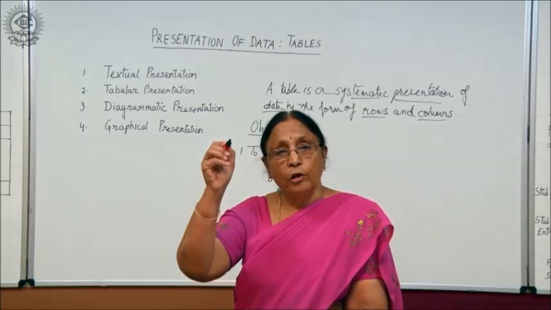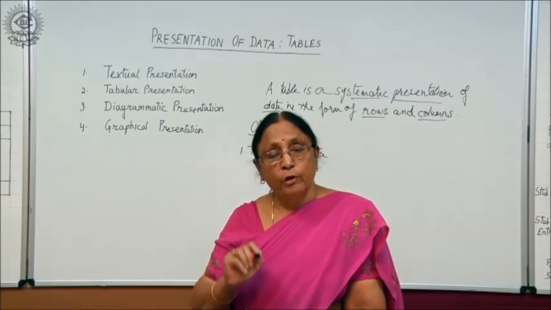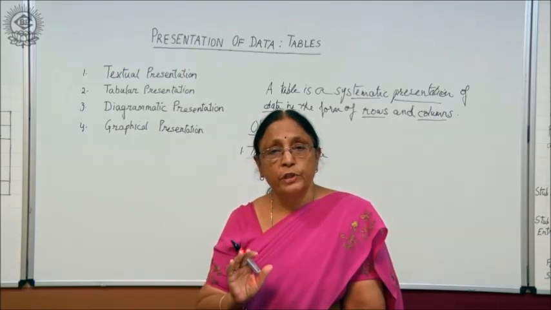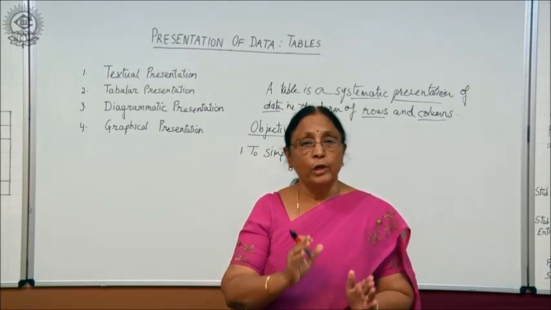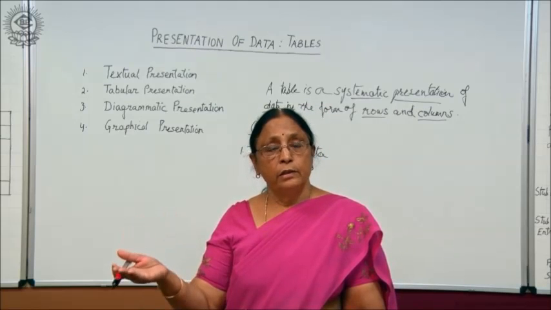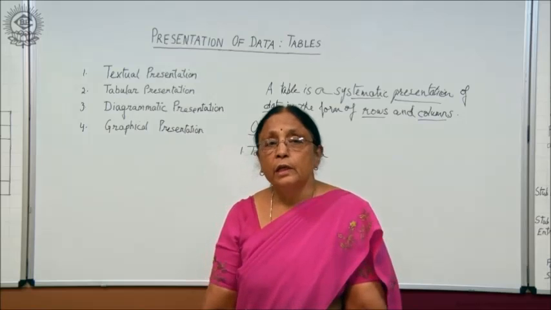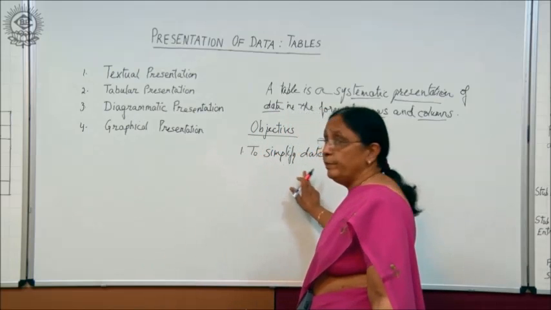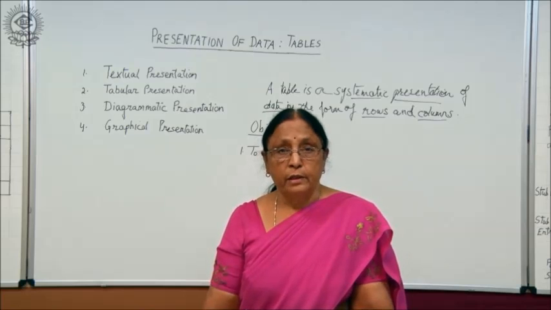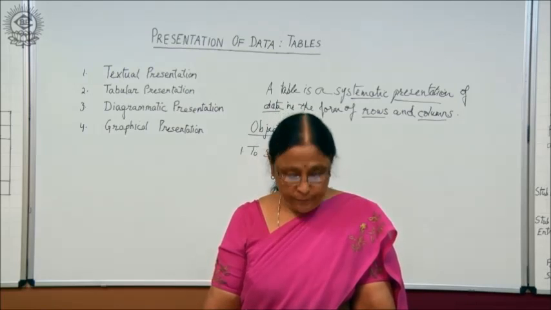You can make one column of the number of females in each household, a second column of the number of males, and then you can at a glance gather the information on how many males and how many females are living in a locality, along with the number of children. This way the complex data can be made simple to understand. This is done with the help of tabular presentation.